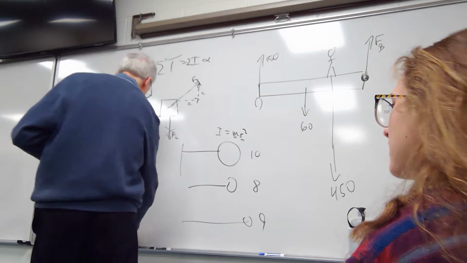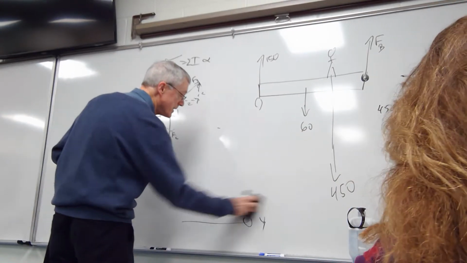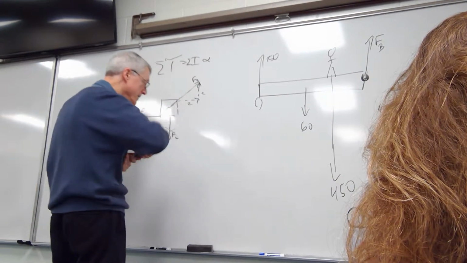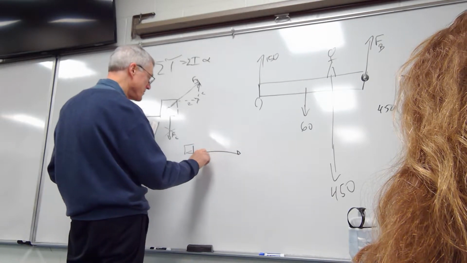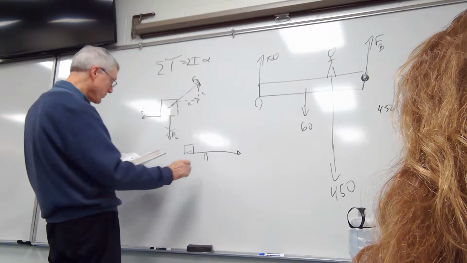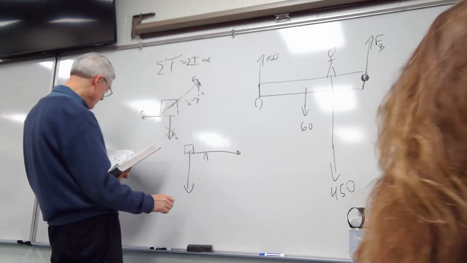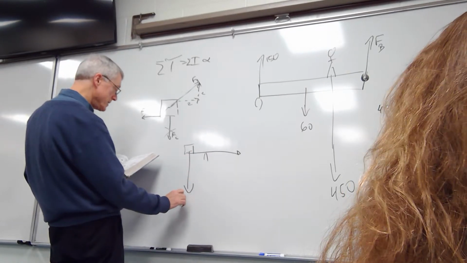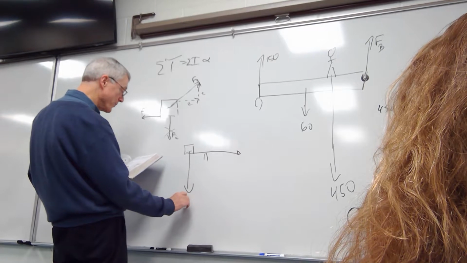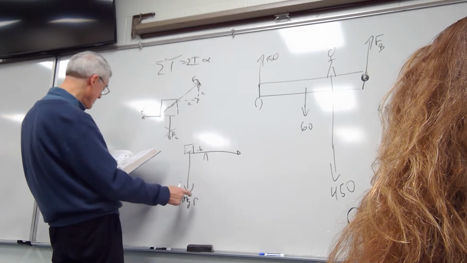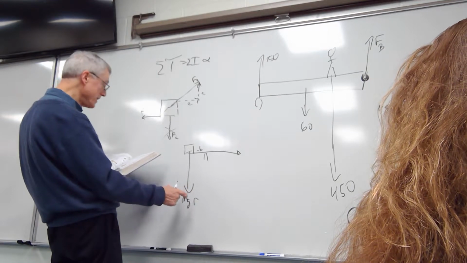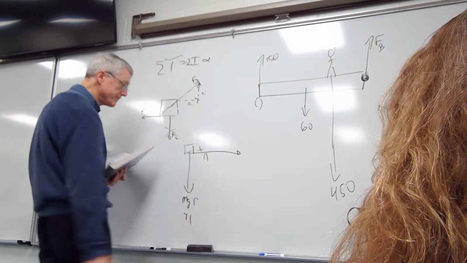Let me draw that up here. For the sum of the torques, here's this big thing, and here's a little thing, and here's the pivot point. So for this one here, it was mg times r. Remember, it's the force times r. And the r was 0.6, and the mg was 12 times 9.8. All that adds up to 71.